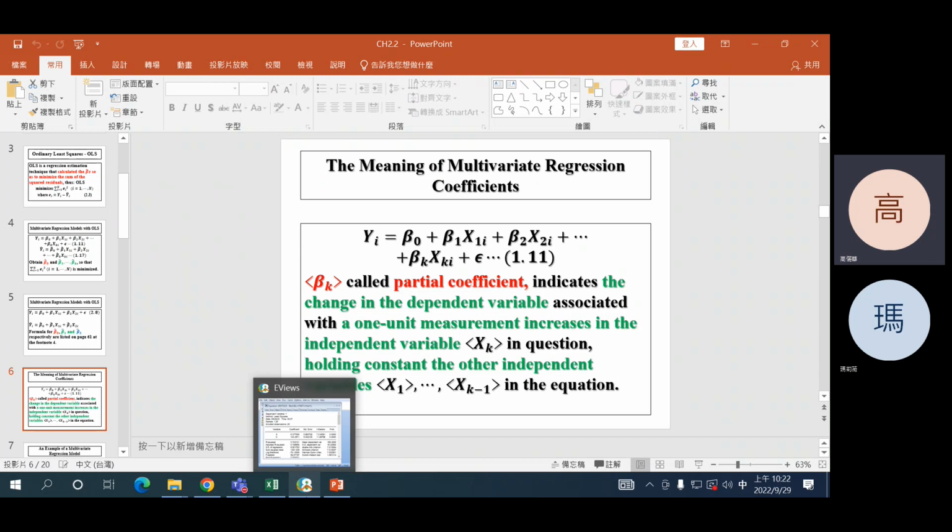We do have several k slopes, but only one intercept. The slope will go with the number of X variables. So listen carefully. How do you explain those coefficients, those slopes? This is called a partial coefficient.